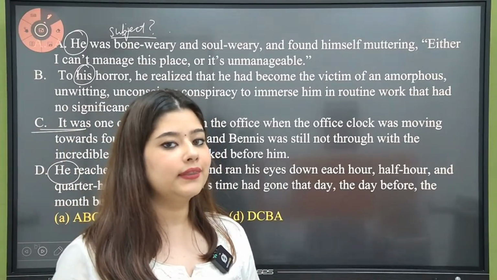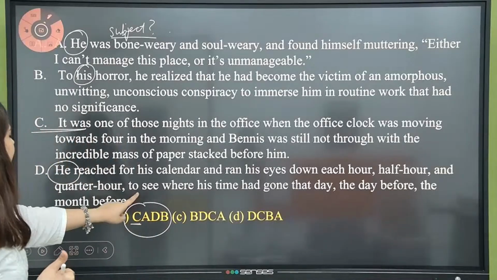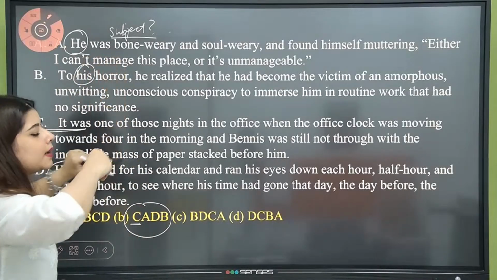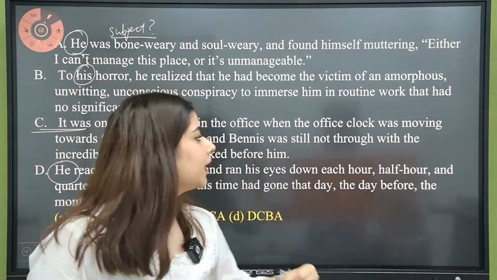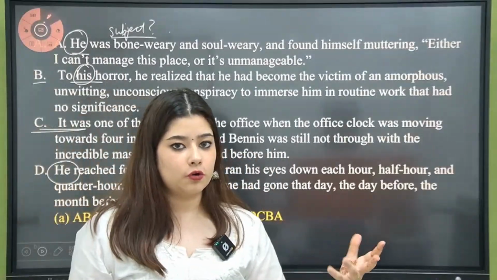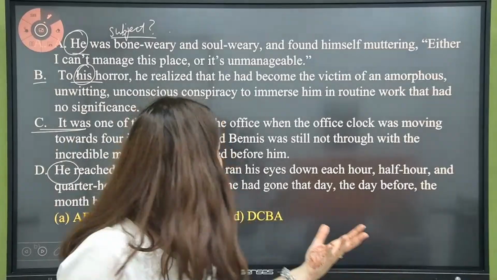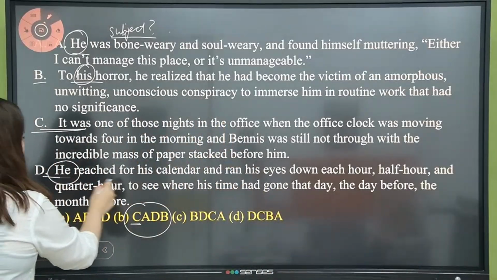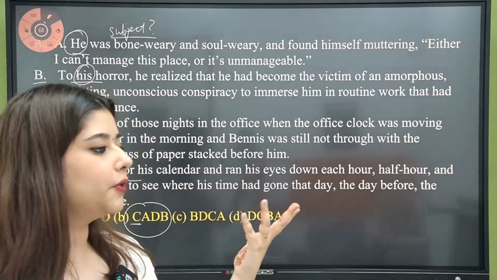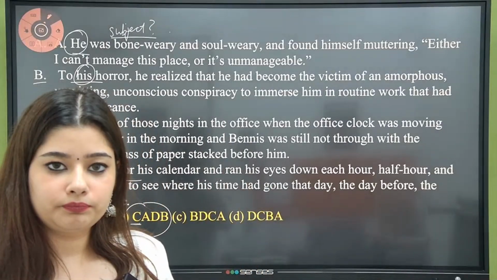The statement cannot start with A because A starts with a pronoun. It cannot start with B because B talks about to his horror. Who is this he? It cannot start with D because again D starts with he reached. Who is this person in the picture?